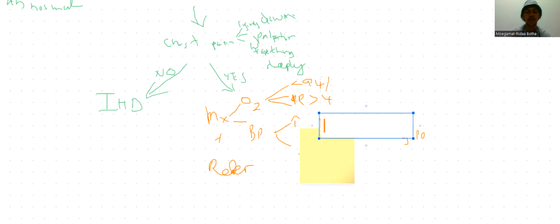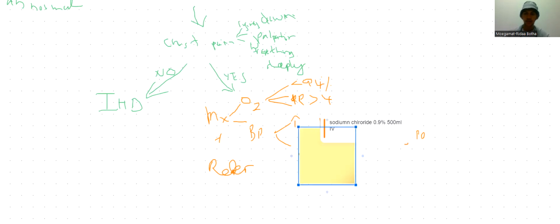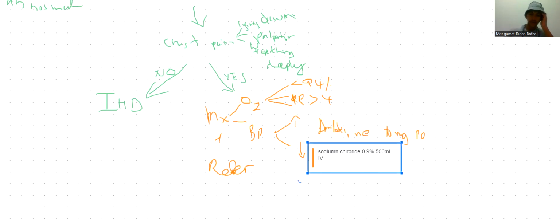Sodium chloride, 0.9%, 500 ml IV. So for low blood pressure, you give sodium chloride 0.9 percent, 500 ml.